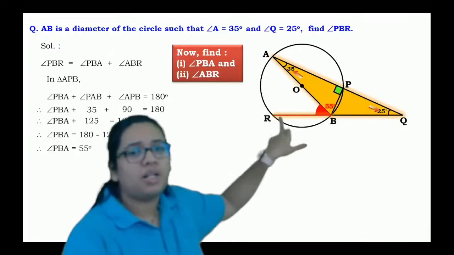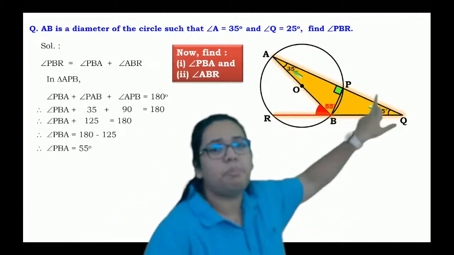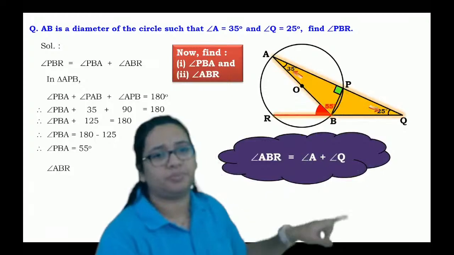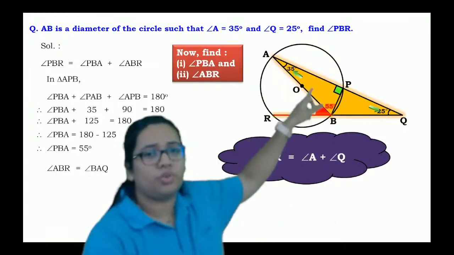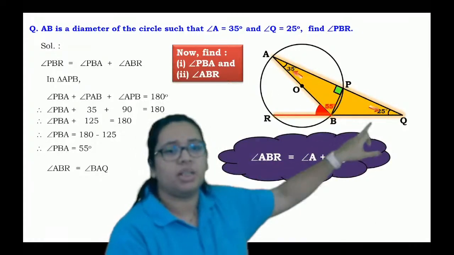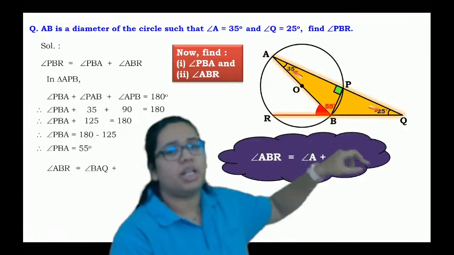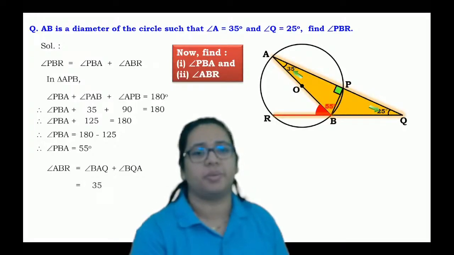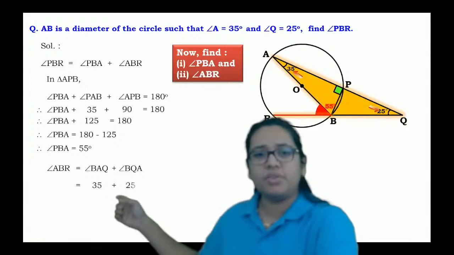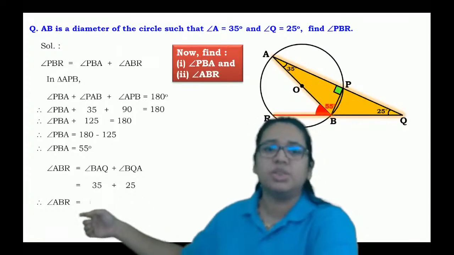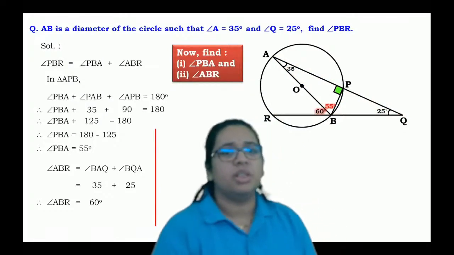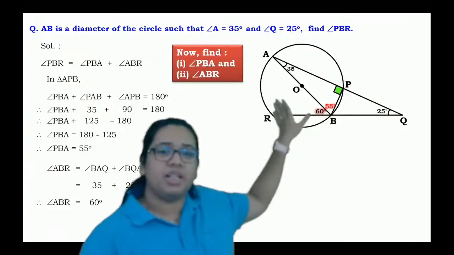So ABR is the same as PQB plus QPB, that is, BAQ plus this. So ABR will be 35 plus 25, which is nothing but 60. So you will get this ABR as 60 degrees.